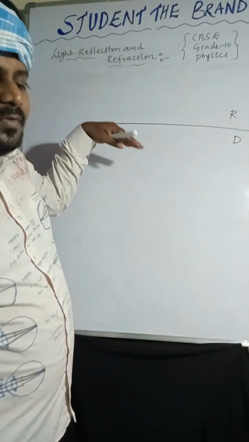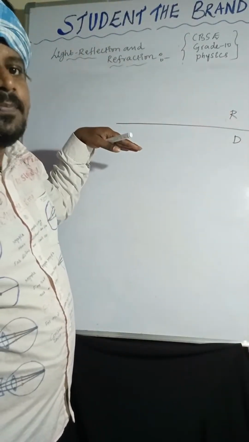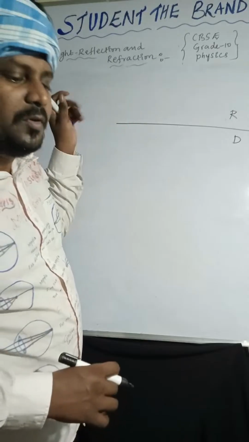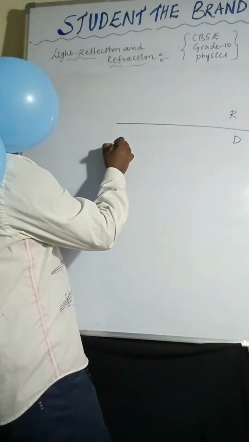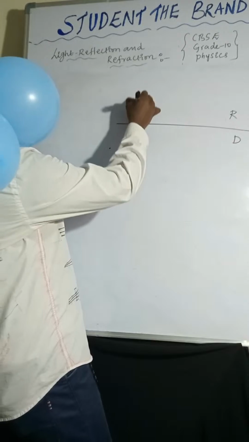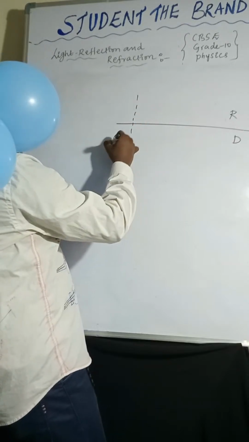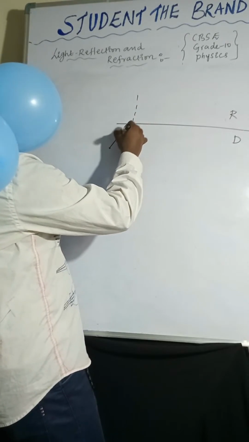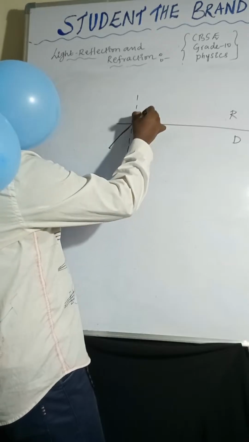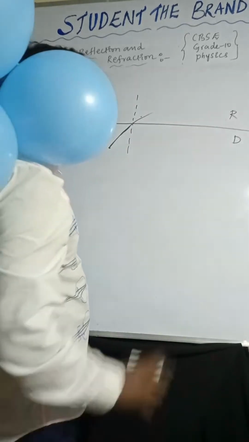Light ray is passing from denser to rarer. So if the light ray is passing from denser to rarer, it moves away from the normal line, like this.